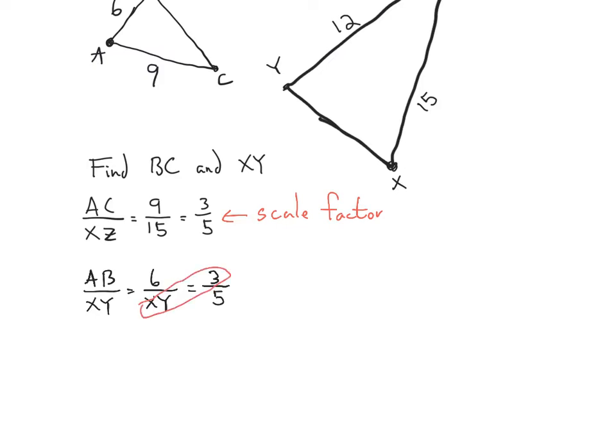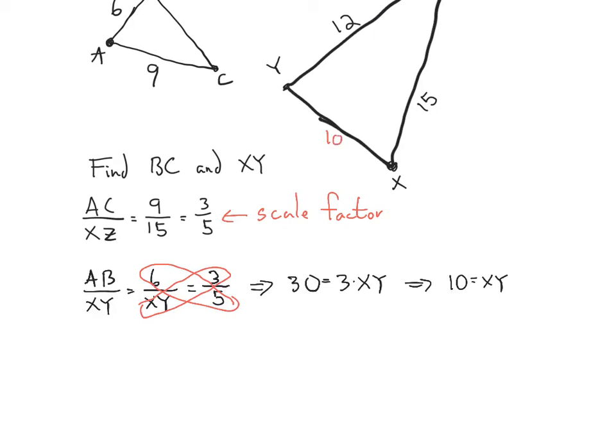Let's cross multiply and solve. So we get that 6 times 5 is 30 equals 3 times XY. Divide both sides by 3. We get that 10 is the length of XY. So we can put that in our diagram. This length here is 10.